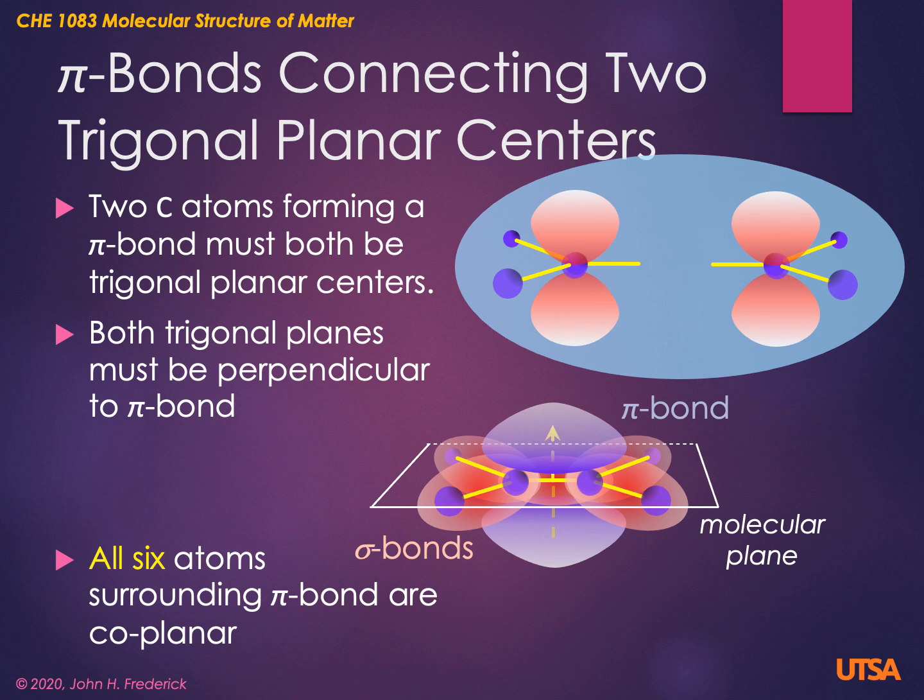So whenever we have a pi bond between 2 carbon atoms in an extended structure, it's actually going to imply that we have a planar structure in the middle of that molecule that contains 6 atoms, the 2 that are bonded to one another and the 2 atoms that are bonded to each of those 2. This is something that's going to be very important when, in Module 5, we consider extended pi systems that are conjugated.